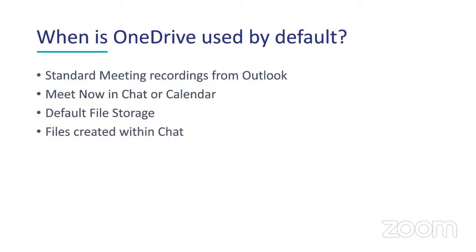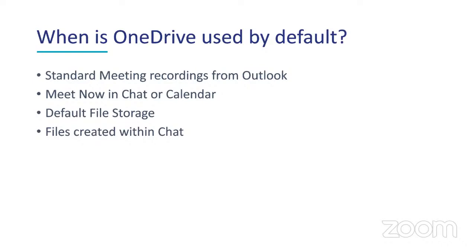So a standard meeting that you make and you record, then OneDrive will hold the recording of that meeting as the permanent record. Over and above that, within the Outlook meeting, the Teams recording is still available, but the master recording resides in your OneDrive as the creator of the meeting.